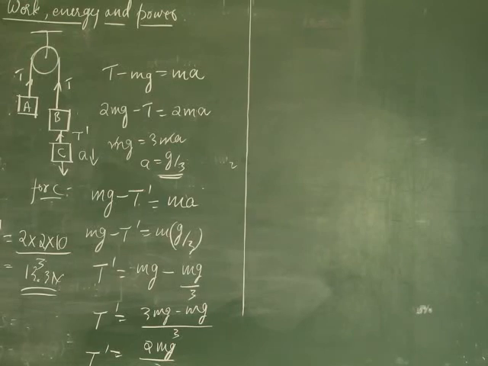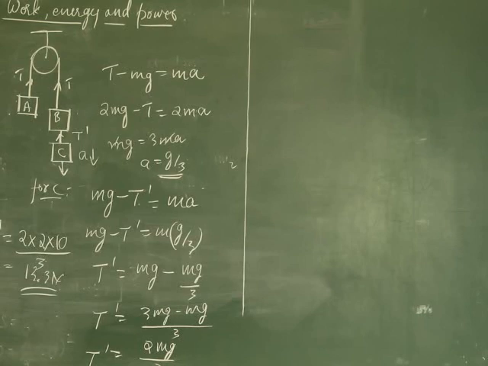Diagram is like this. 2 blocks. This is 5 kg and upper one is 2 kg. Next, force F in this direction. Correct. Here tension they have given T. Here tension T dash it is taken.